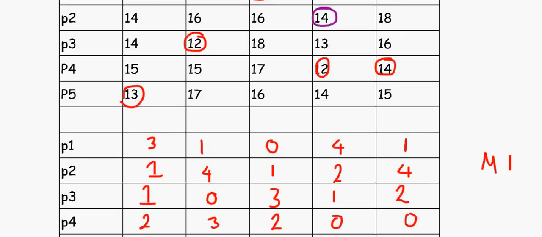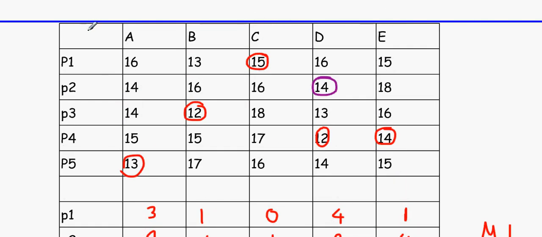So for example, if we wanted to find the maximum time, we would find the biggest number instead of the smallest number. We take the biggest number, which is 18, I think, and do 18 minus 16, 18 minus 14, 18 minus 14, 18 minus 15. We're doing n minus x, where x is an element in the table. And that is it for allocation.